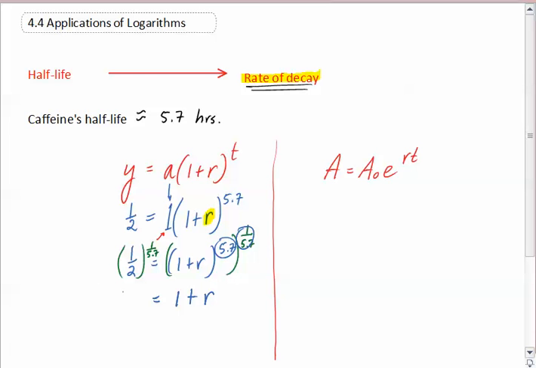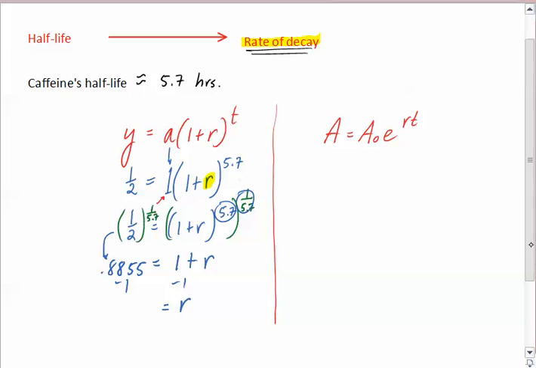What a deal, right? So now I'm going to just put this in the calculator to find out what the left-hand side will be. Let's see. And I get 0.8855. Okay, so now I'm going to subtract 1, and we get r is negative 0.1145. Now, what is that as a percent?